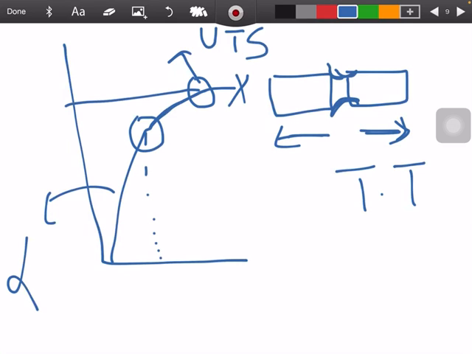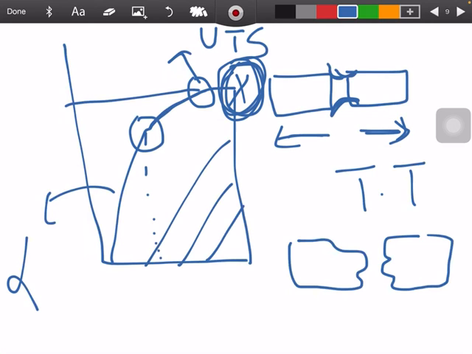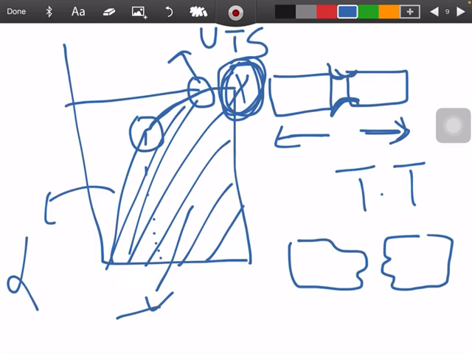And after that it fractures, and you can see a cup and cone type structure in ductile cases. So before fracture the material has absorbed this much stress in it. This is called the toughness of the material, the ability of a material to absorb energy before fracture. So that was the concept of toughness.